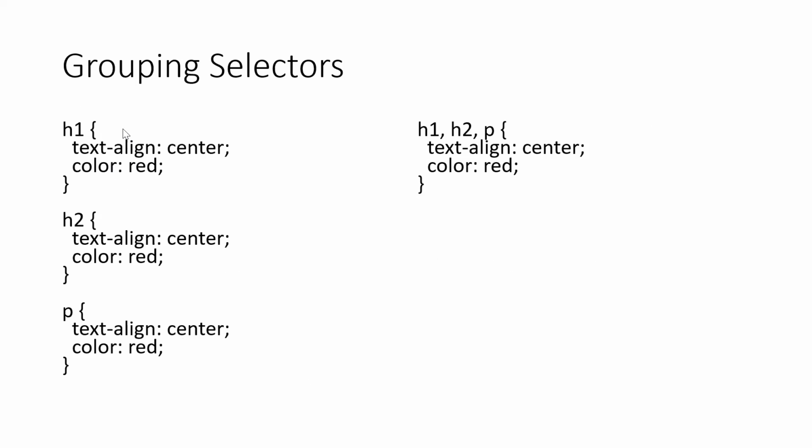Instead of having three rules like this, you can say H1, H2, P, and you can have everything. So this will apply to all the elements H1, H2, and P. So this is what we call grouping selectors. Now we have discussed the different types of selectors, and then we talked about the grouping selectors.